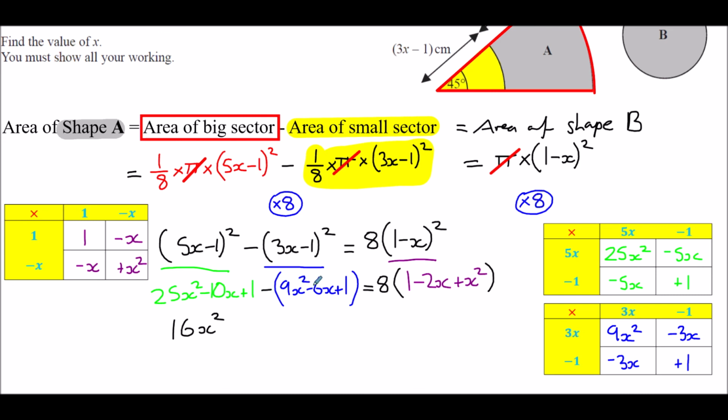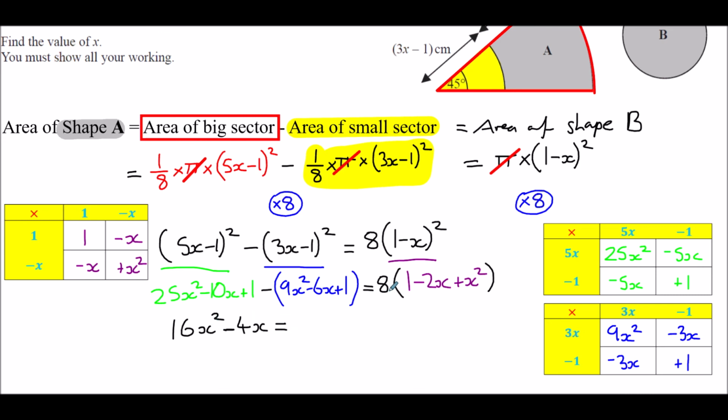If you minus a minus, that gives us a plus. So these 6x, because we're minusing them, we get a plus 6x from this bracket. So minus 10 plus 6x overall is minus 4x, because minus 10 plus 6 takes us to minus 4. Now we've got this 1, and we're minusing a normal 1. 1 take away a normal 1 cancels. So over here, we just get 16x squared minus 4x.